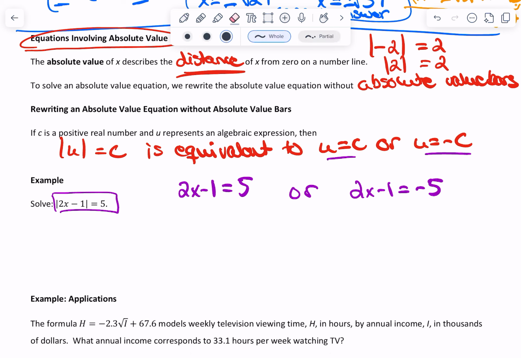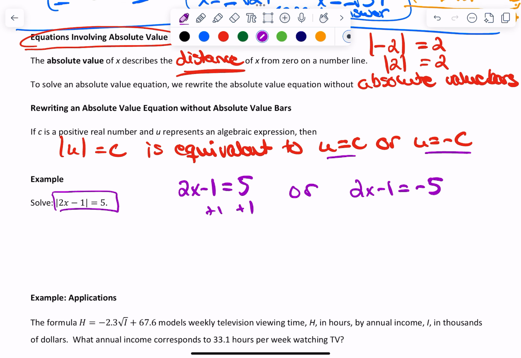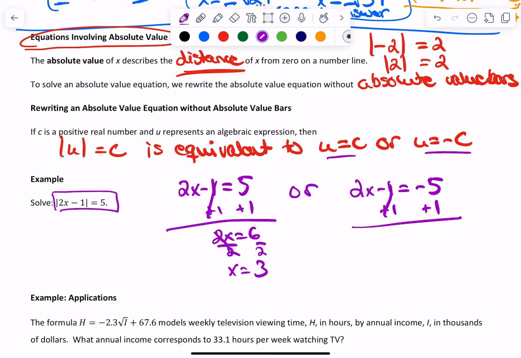So we're going to go ahead and solve for x just like we've done, adding 1 to both sides. 2x equals 6, dividing by 2, and we get x equals 3. This one here, we're adding the 1 also. We get 2x equals -4, divide by 2, and we get x equals -2.